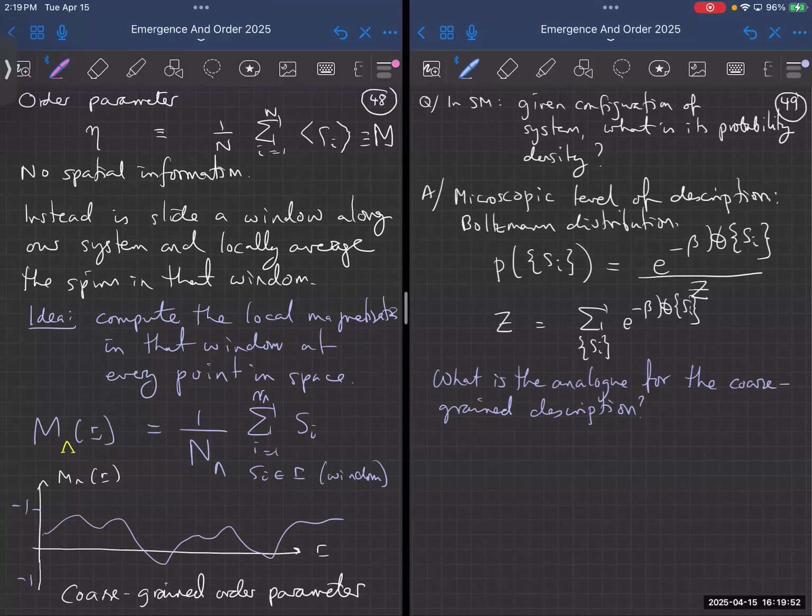So the question is, what is the analog for that? And so let's just write it down. So I'm going to tell you what the answer is. So in the case of, say, the local magnetization, I'm going to say that this is going to be e to the minus beta times a Hamiltonian, an appropriate Hamiltonian. We don't know what that Hamiltonian is, so I'm just going to write it down by the symbol L.